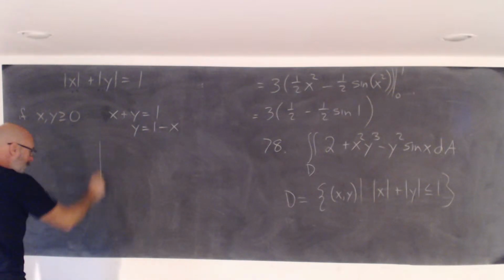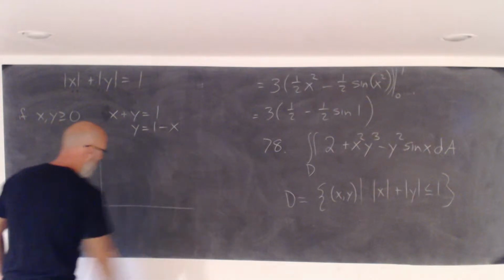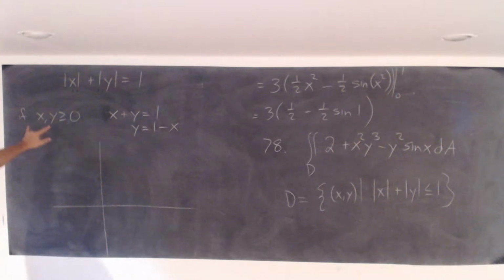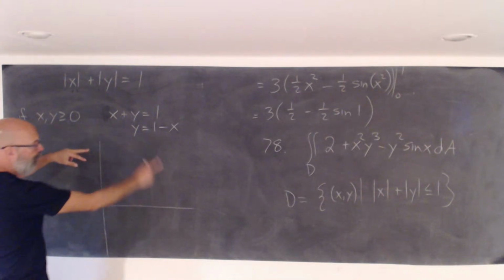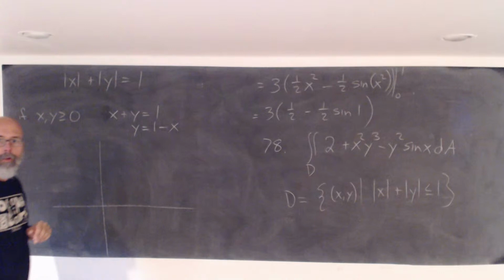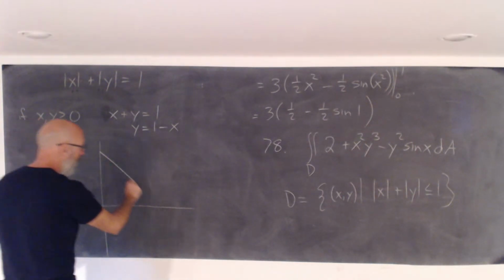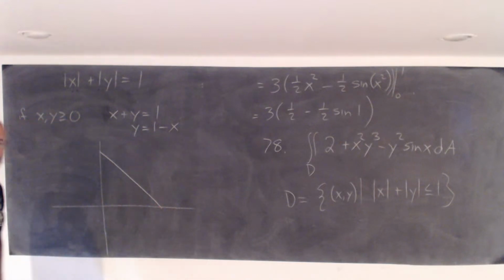In the case that x and y are positive. So in this first quadrant, this is the curve. y is 1 minus x.